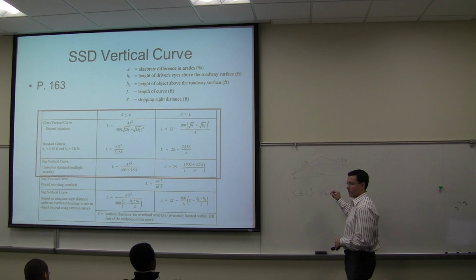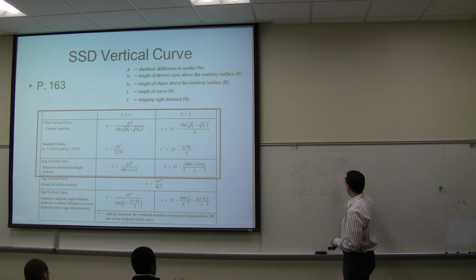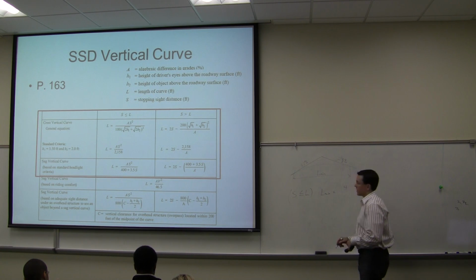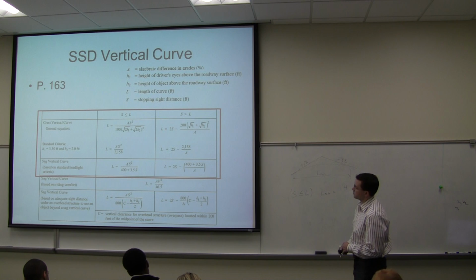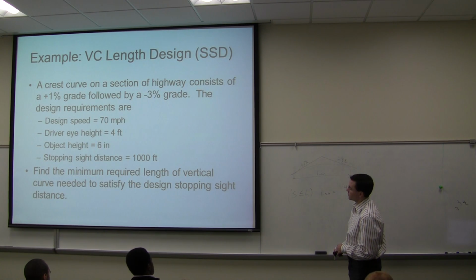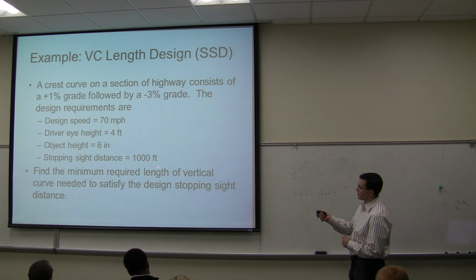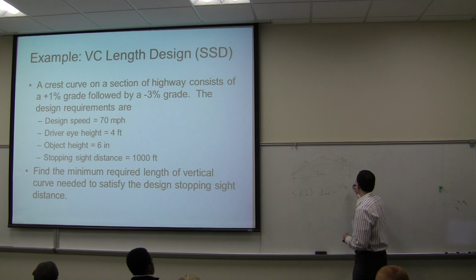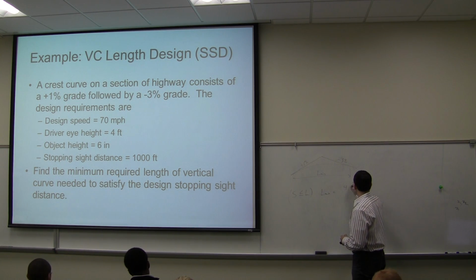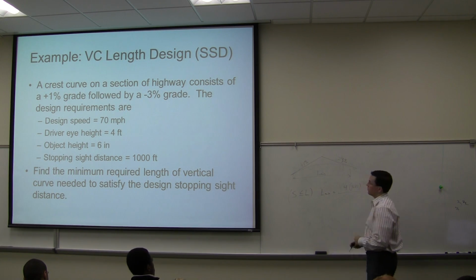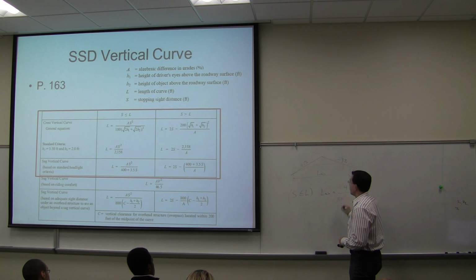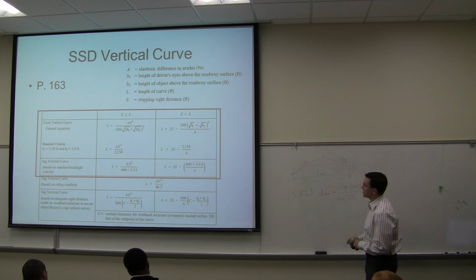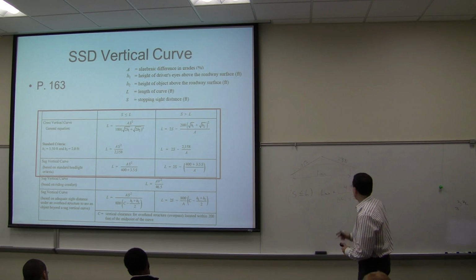So what's A? 4. So it's going to be 4, not as a decimal, but as a whole percentage. S squared, we're given stopping sight distance in this case is 1,000. So that's going to be 1,000 squared divided by 100 times the square root of 2 times 4.